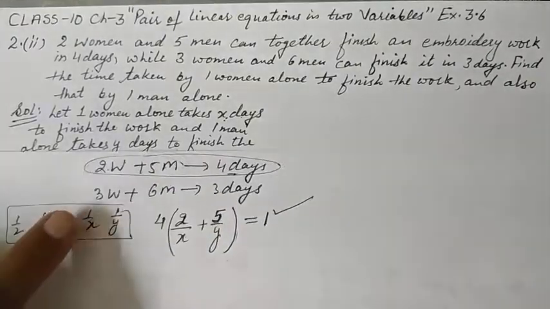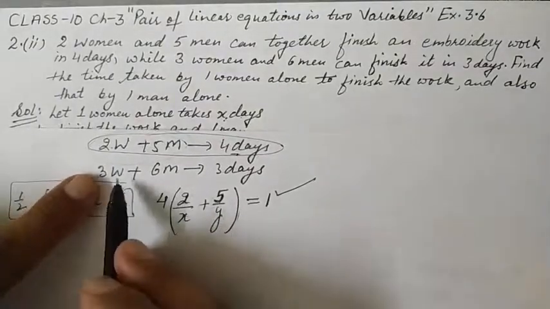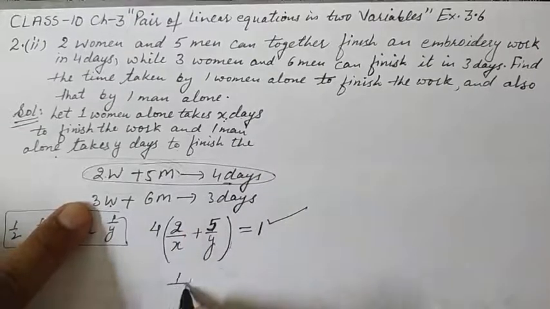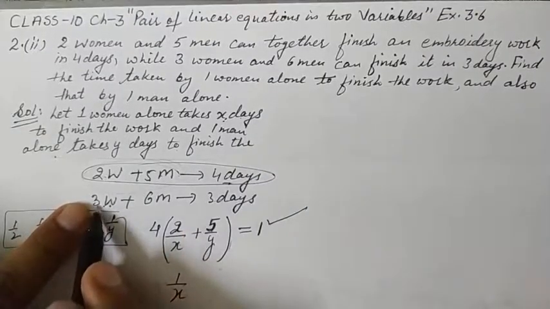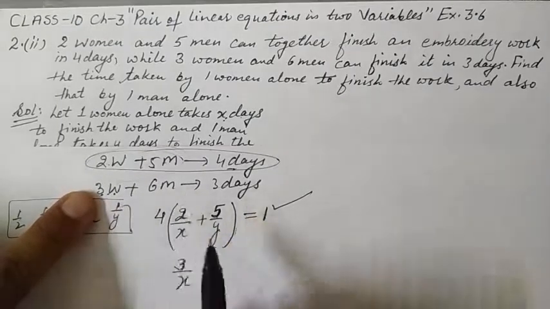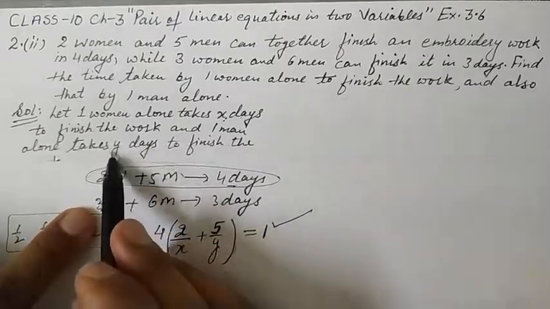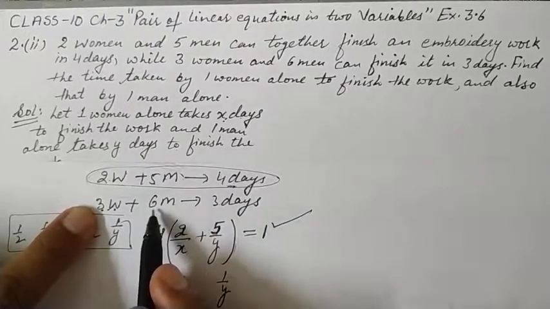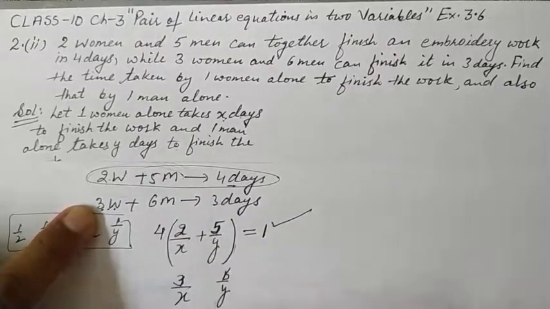So again let's find the second equation. One woman's one day work is 1 by x. Now 3 women's one day work is 3 over x, right? Now one man's one day work is 1 by y. So what is 6 men's one day work? 6 over y, right? So what is 3 women and 6 men's one day work?